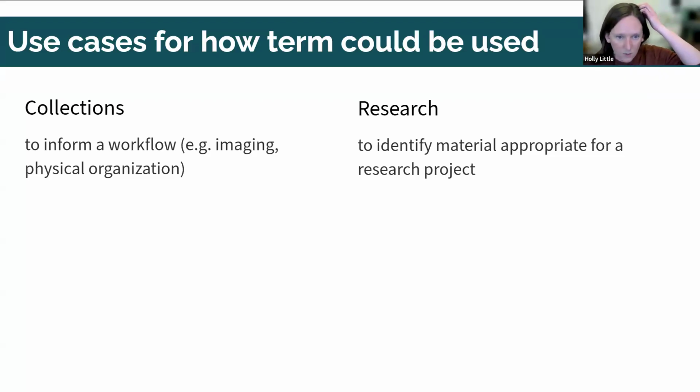For example, one that we've thought of quite a bit at the institution I'm at: when you are working in collections, if you have a more granular term to describe what the material is, it might help inform workflows like imaging processes or physical organization. That will make more sense once we show some example terms.